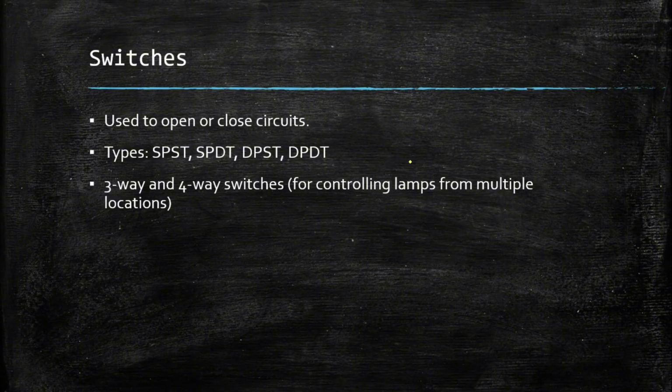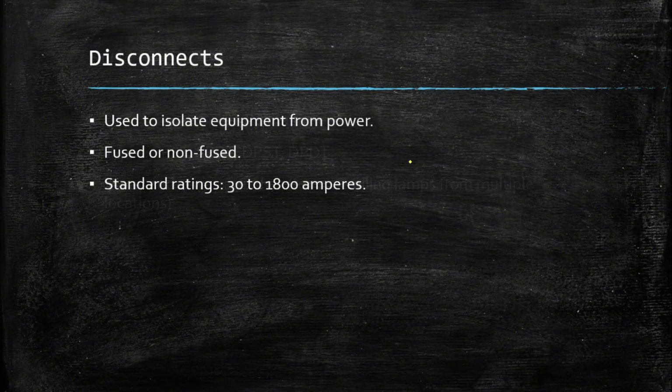For homes, we often use three-way or four-way switches for controlling lights from multiple locations. Disconnects isolate equipment from power for maintenance. They come in fused and non-fused types and are rated from 30 to 1,800 amperes.